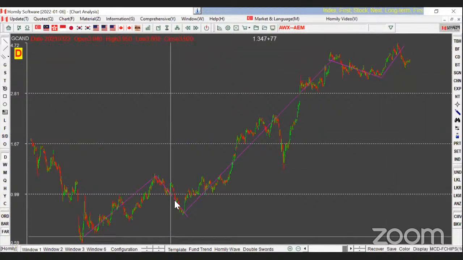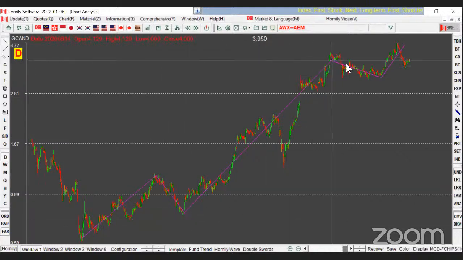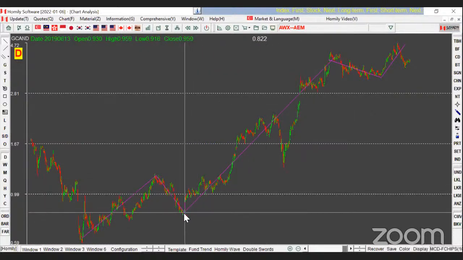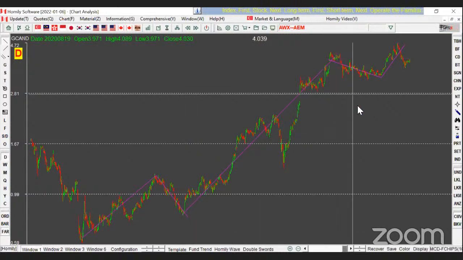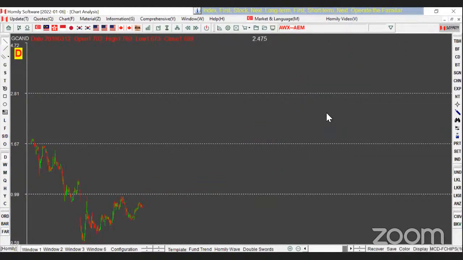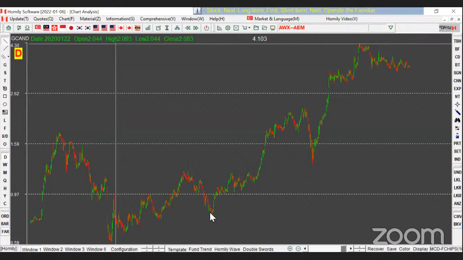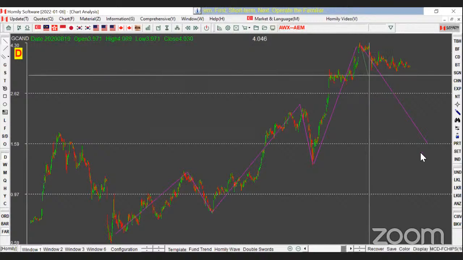Why? Because we say the third wave is always the biggest, right? So if I count the third wave like this, there seems to be nothing wrong. But if previously the price really dropped quite significantly, then you would say it's right to count 1, 2, 3, 4, 5, and then maybe A, B, C, right?